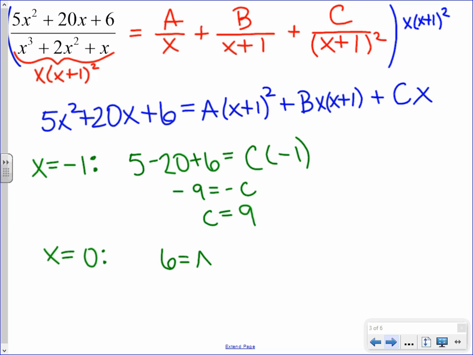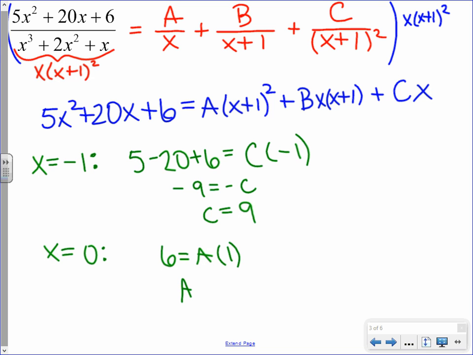And then we would have a times 1 squared plus b times 0 plus c times 0. So those will disappear. So a is 6. Okay. So we have all of our variables.